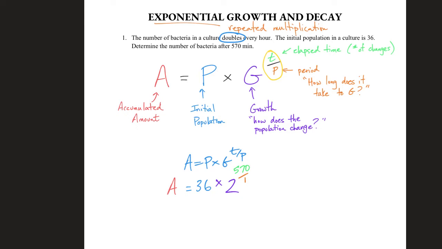And if I'm going to talk about those 2 components being related, they're within the fraction, then I have to make sure that they're in the same units. So I just want you to notice, look up into the exponent and maybe we can see our mistake. The 570 was in minutes, but my period I put in hours. So we have to just make sure that those are in the same units.